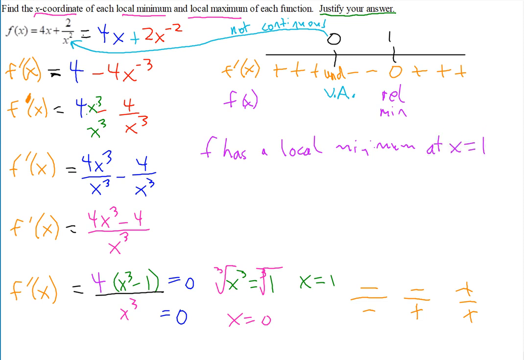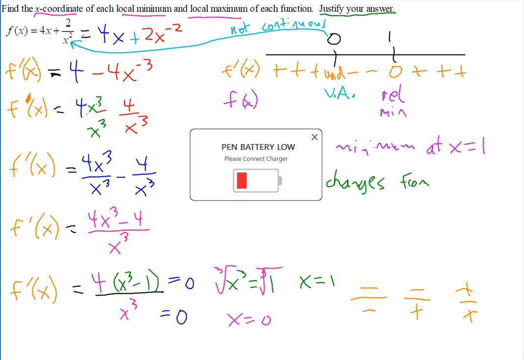And to justify it, what we have to use is what's happening with the first derivative. Since f prime of x changes from negative to positive at x equals 1.